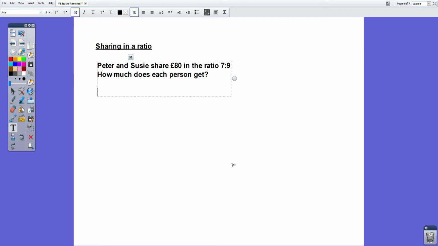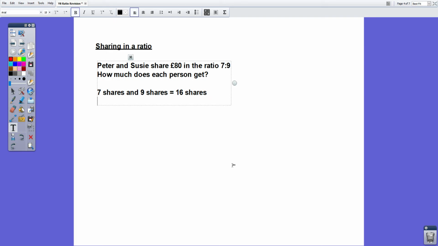Okay. So basically what this means is they've got an amount of money and they're going to split it. Peter's going to get 7 shares of the money and Susie's going to get 9 shares. And that means that in total there are 16 shares. 7 add 9, 16.